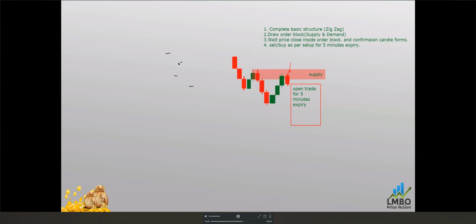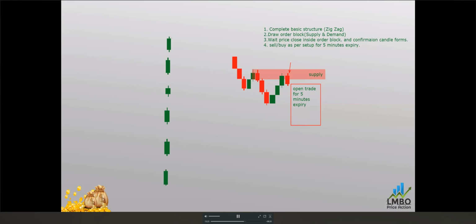So here I'm going to draw all these patterns: engulfing, dark cloud cover, outside bar, inside bar, and doji or spinning candle.